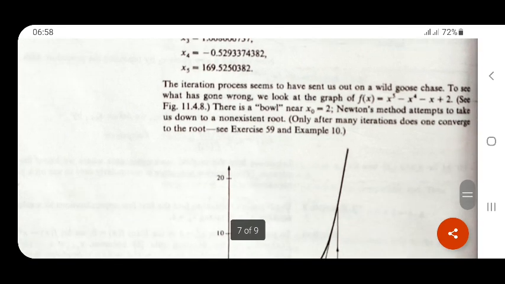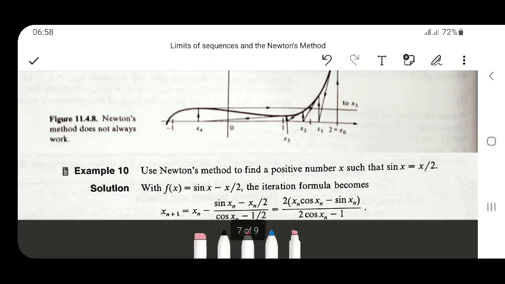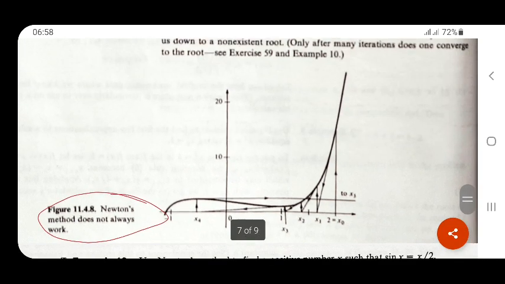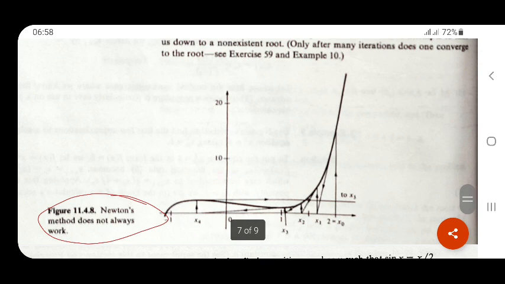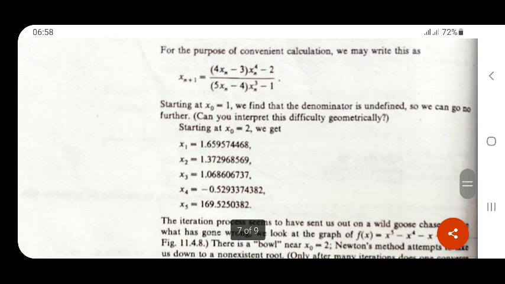That is one of the issues of Newton's method: Newton's method does not always work. So the question is, how do you identify a point which is reasonably close to a 0? That's the question.